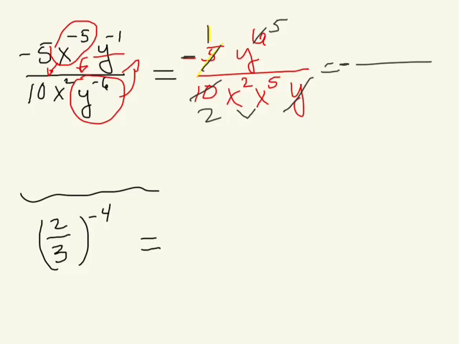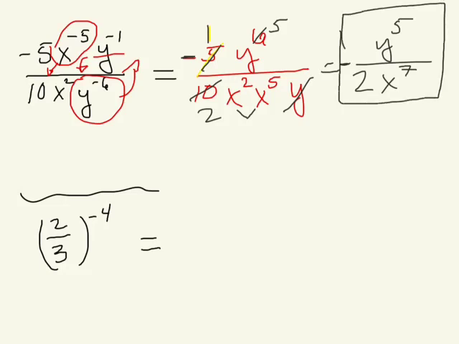So that can be placed out front, right? The negatives didn't cancel, so placed out front. So up top you have a y to the 5th. Down below you have a 2x to the 7th. And it looks like that's it. So that's your answer right there.